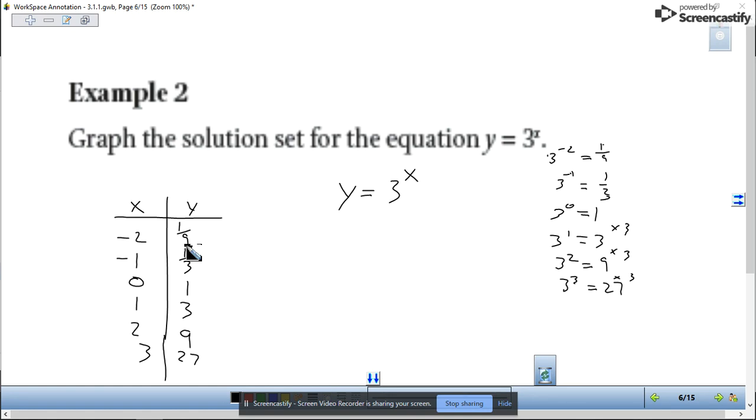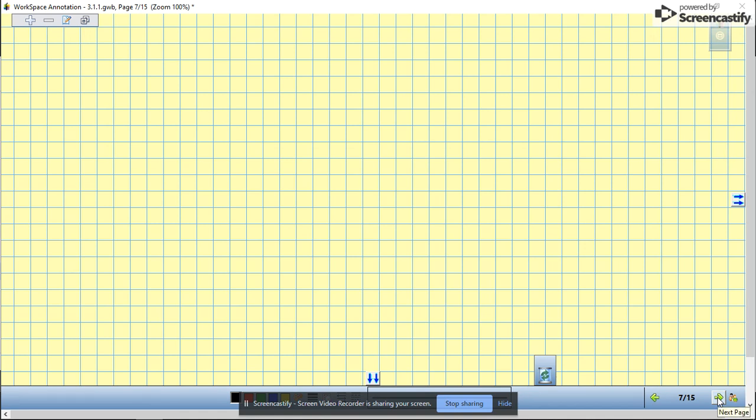Okay? So how's that graph going to look? All right. So we had y equals 3 to the x. We had x and y, which was -2, -1, 0, 1, 2, 3. And we had 1/9, 1/3, 1, 3, 9, and then 27.